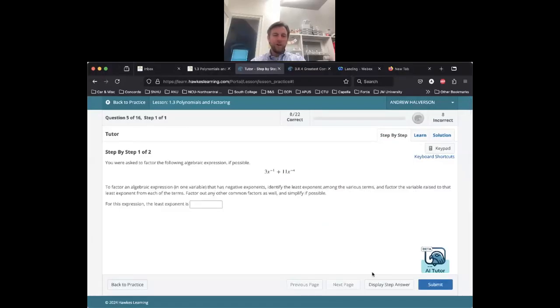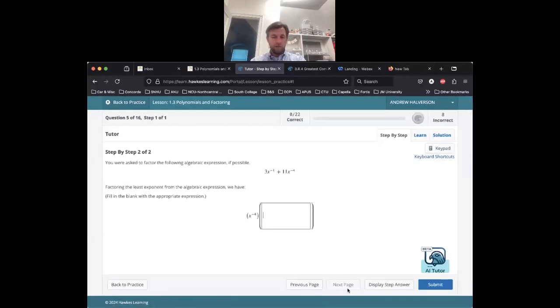What do they want us to do? For this expression, the least exponent, I have no idea. -4. Okay. Next page. So they want you to pull an x to the -4th out. Now I see. Yes. Okay.